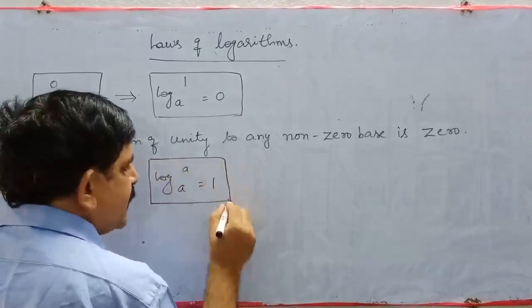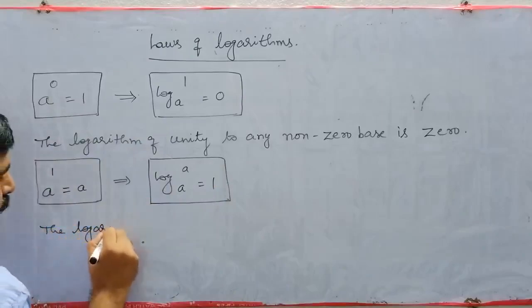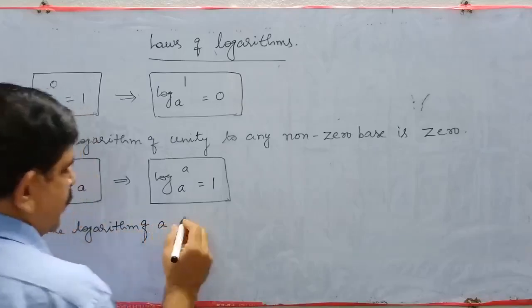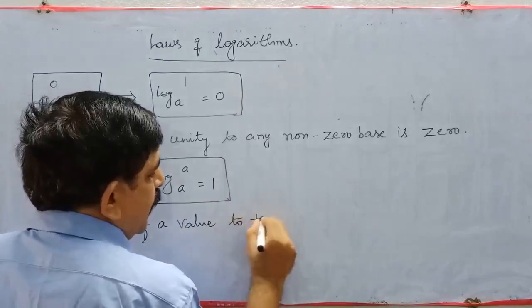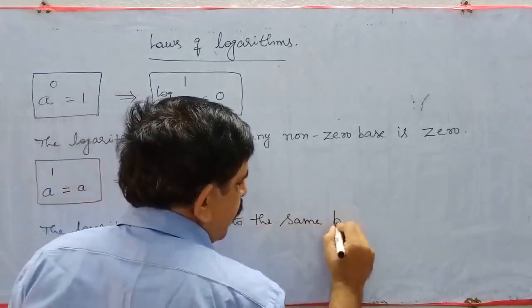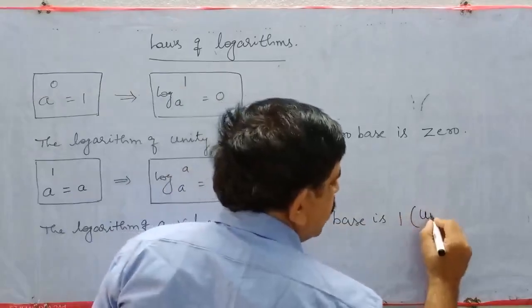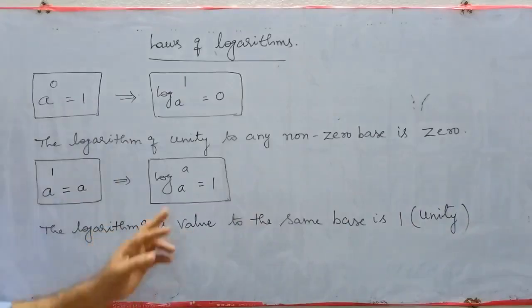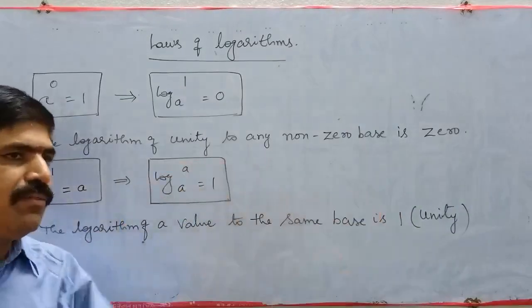Then the logarithm of a non-zero value to the same base is 1, or unity.